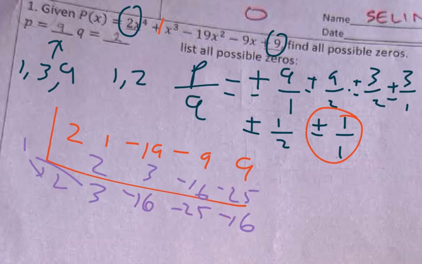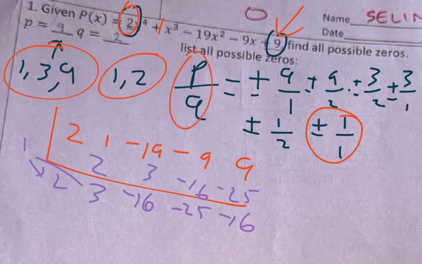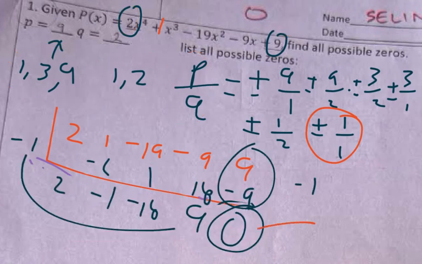So quick replay. What we start out to do is we take our p. Remember, the p is the last number, the constant. We take our q, our leading coefficient. We factor each one of them. Then we combine them with p over q, the ratio p over q. And once we do that, now it's just a guess and check game, right? We started by guessing 1. If you remember, we got negative 16, so why not try negative 1, right? And then we realized negative 1 gave us 0.